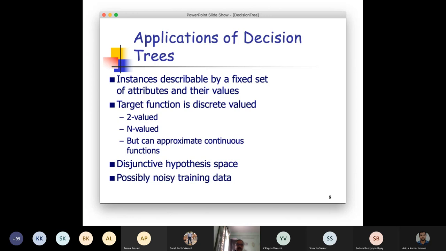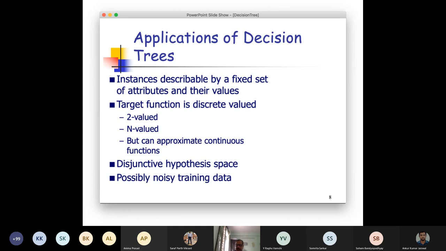So it's a disjunctive hypothesis space. Also, it allows possibly noisy training data. Those are the considerations when you consider a decision tree. In concept learning, we assumed that there is no error in the training data, and we were trying to find only a consistent hypothesis.